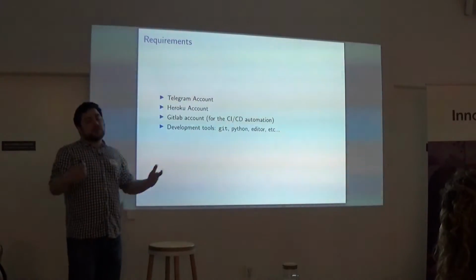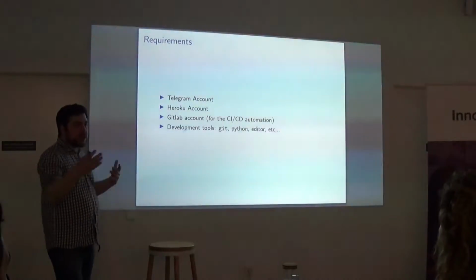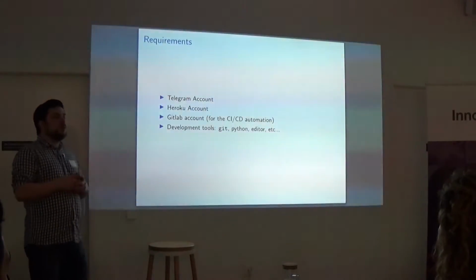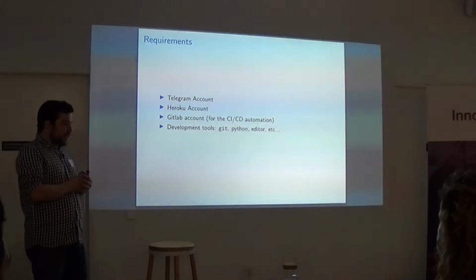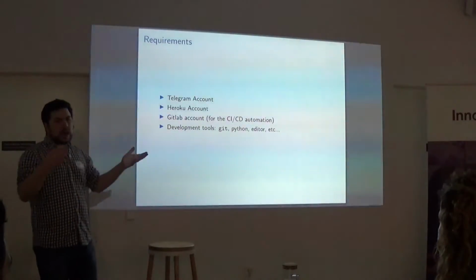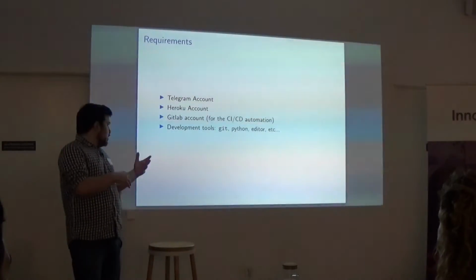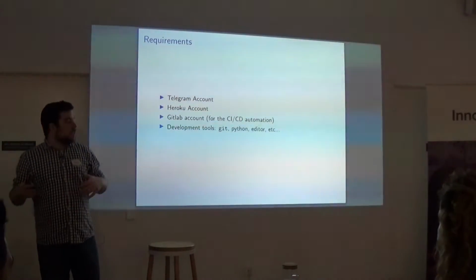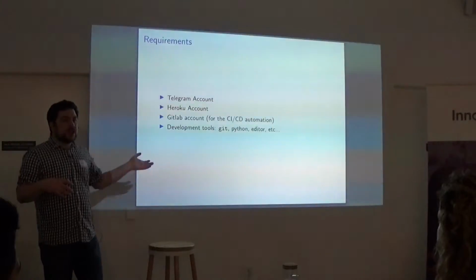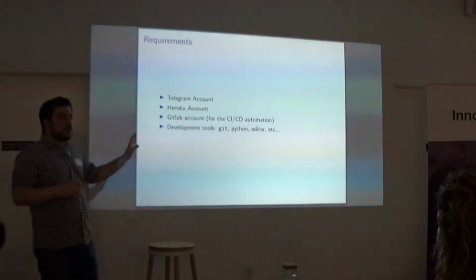So first, of course, we need a Telegram account because we will be working on Telegram and we need to send messages on Telegram. We will also need a Heroku account because we need to create what they call, I think, an app. Then I use GitLab for hosting my code and for CI/CD, continuous integration, so automation in general. But you can do that in GitHub as well.